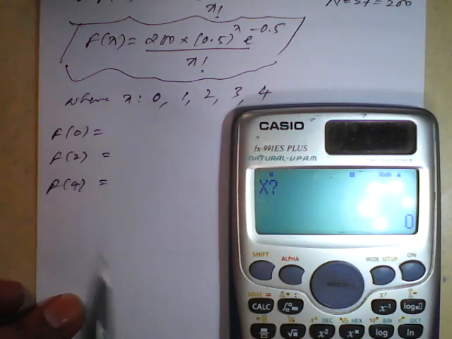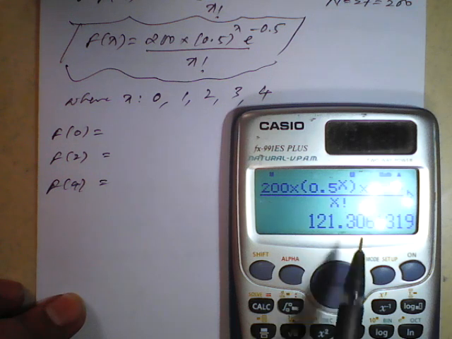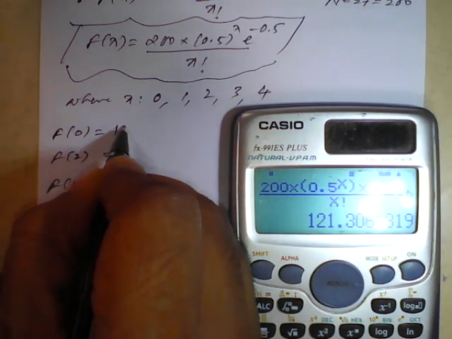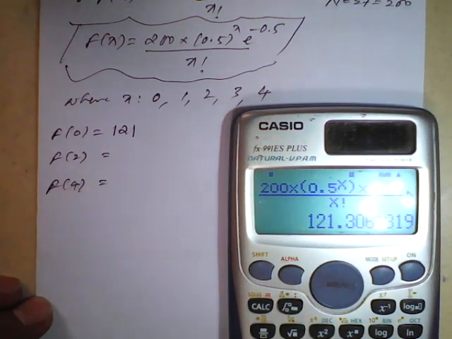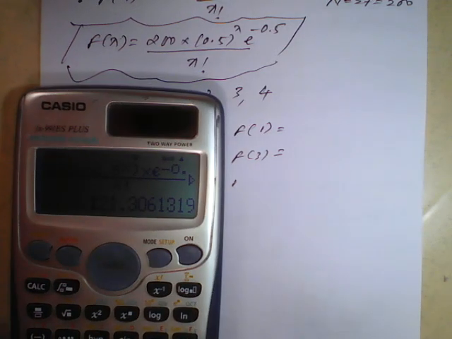Now when you put x is equal to 0, we get 121.30, so I will round it up to 121.